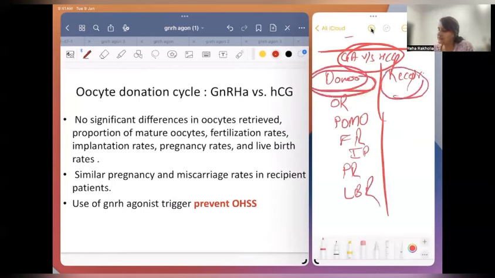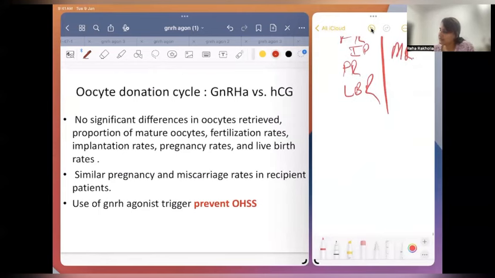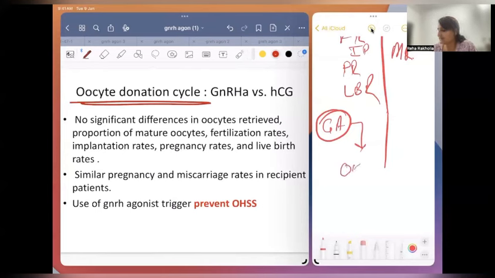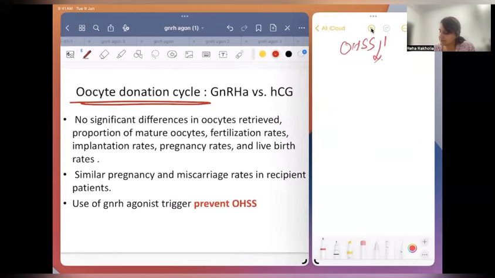And in the recipient, there will be similar pregnancy rate and miscarriage rate. But the benefit of GnRH agonist, in the oocyte donation cycle, is decreased OHSS risk.